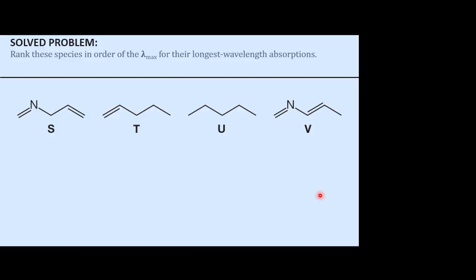Okay, so let's rank these species in order of your wavelength max for the longest wavelength absorptions. What would have your longest wavelength max? And then your next one. And then next one.